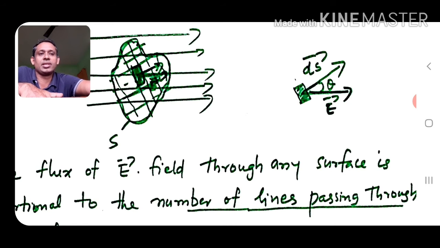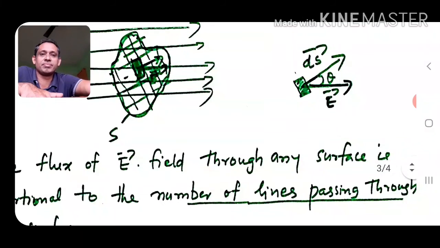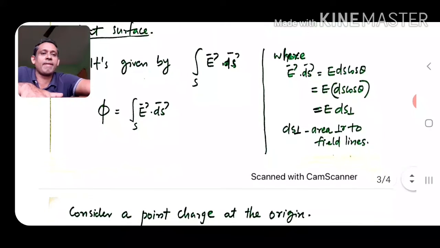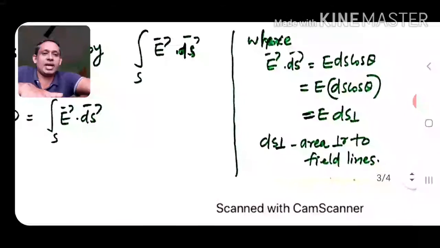So theta is the angle between the electric field and the area vector, ds vector. When you take ds cos theta, that gives you the component of the area perpendicular to the field lines.